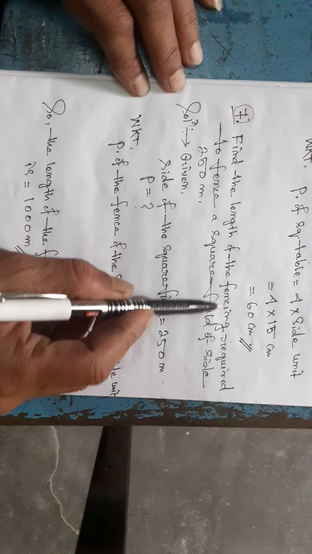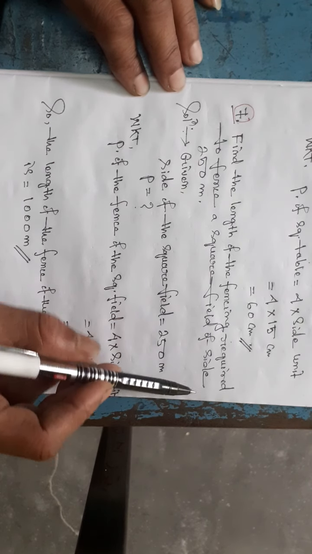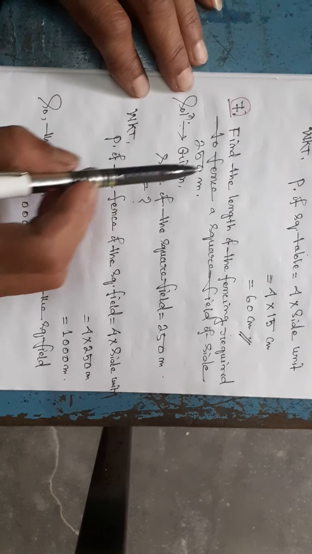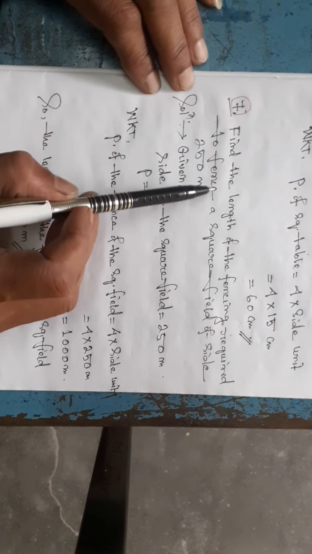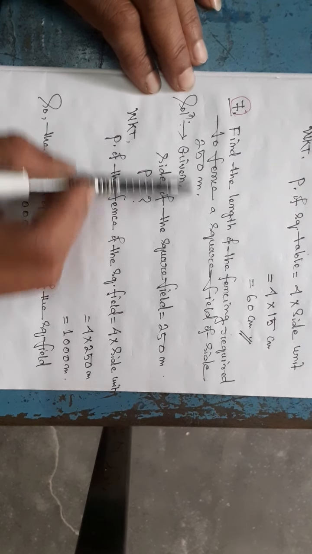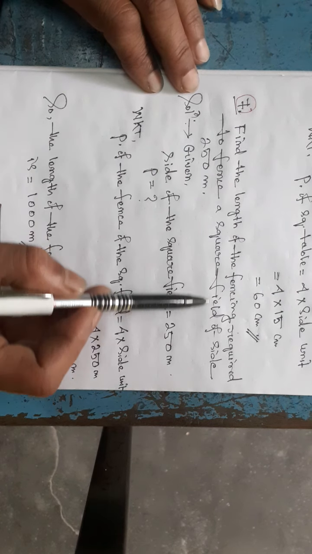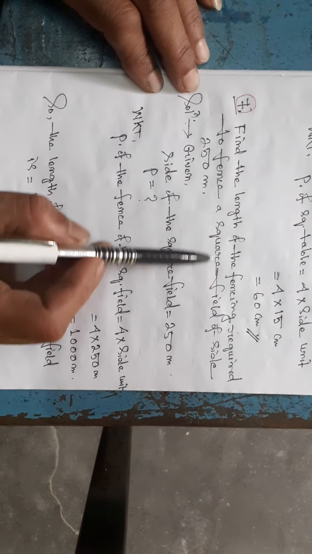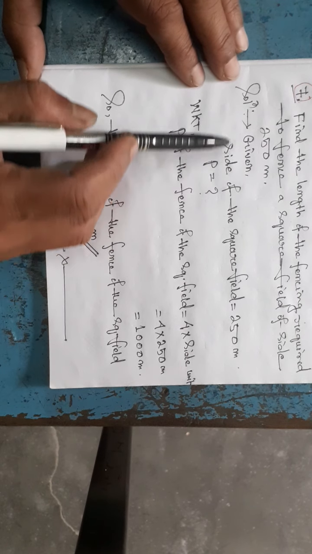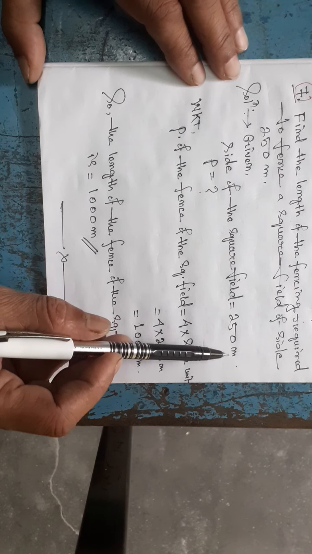Find the length of the fencing required to fence a square field of side 250 meter. Okay, so in here you see one square field is there whose side is given 250 meter. Now we will have to find the length of the fence of the square field. Okay, so in the solution what we will have to write: given side of the square field is equal to 250 meter.